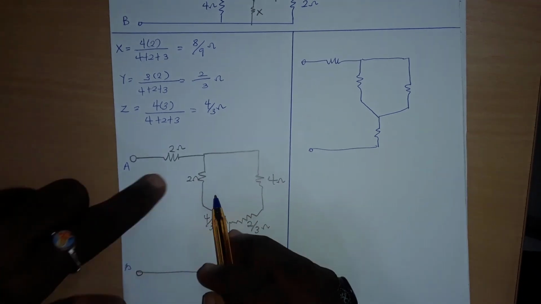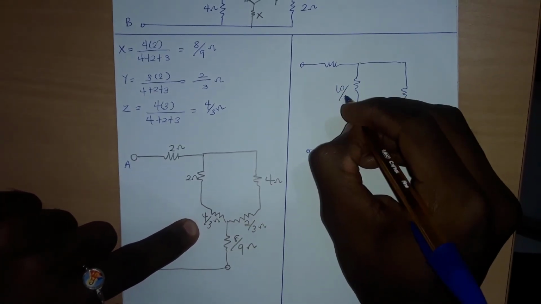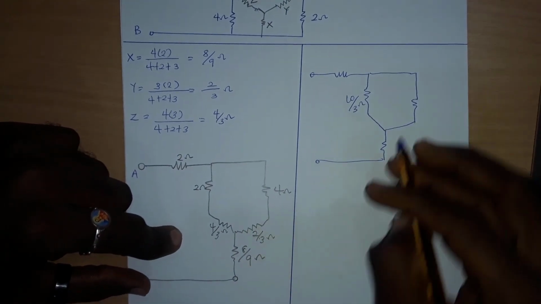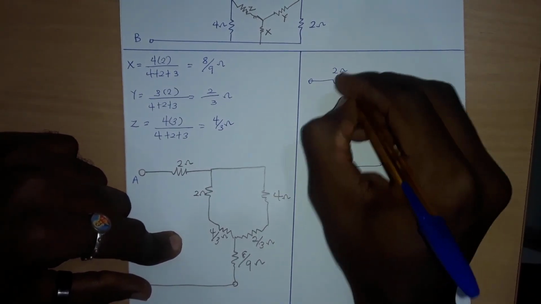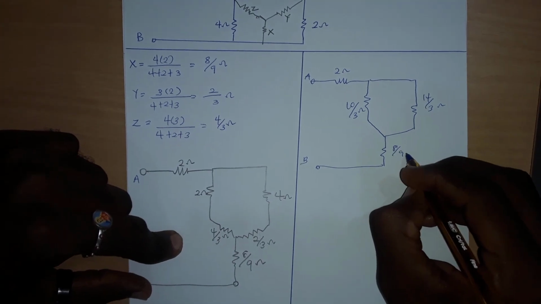So when we add 2 and 4 on 3, we should get 10 on 3 ohm. And if you add 4 and 2 on 3, we should have 14 on 3 ohms. So these are 2, and these are 8 on 9.